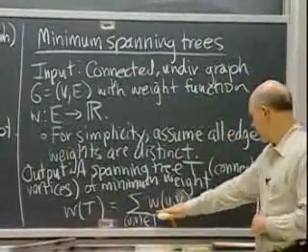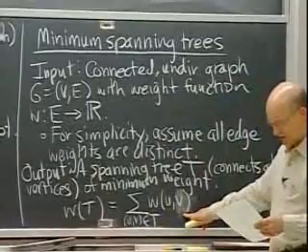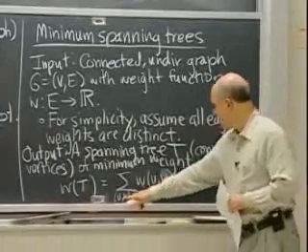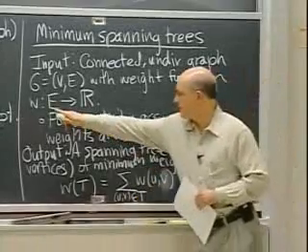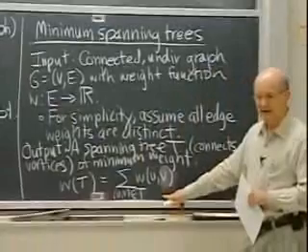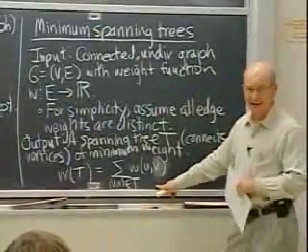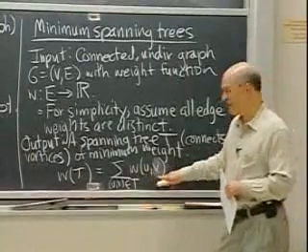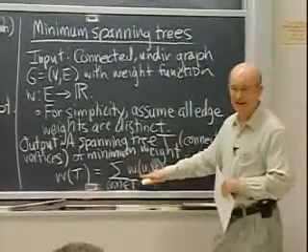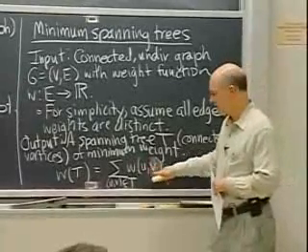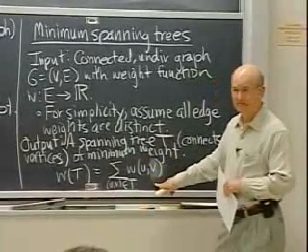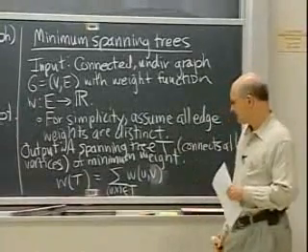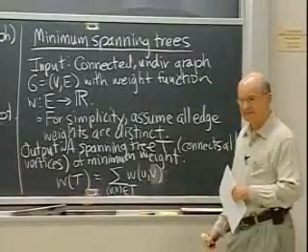Here I've used a little bit of abusive notation. What I should be writing is W of the edge (u, v), because this is a mapping from edges, which would give me double parentheses. And, as you know, I love to abuse notation. So I'm going to drop that extra parenthesis because we understand that it's really the weight of the edge, not the weight of the ordered pair. That's just a notational convenience.